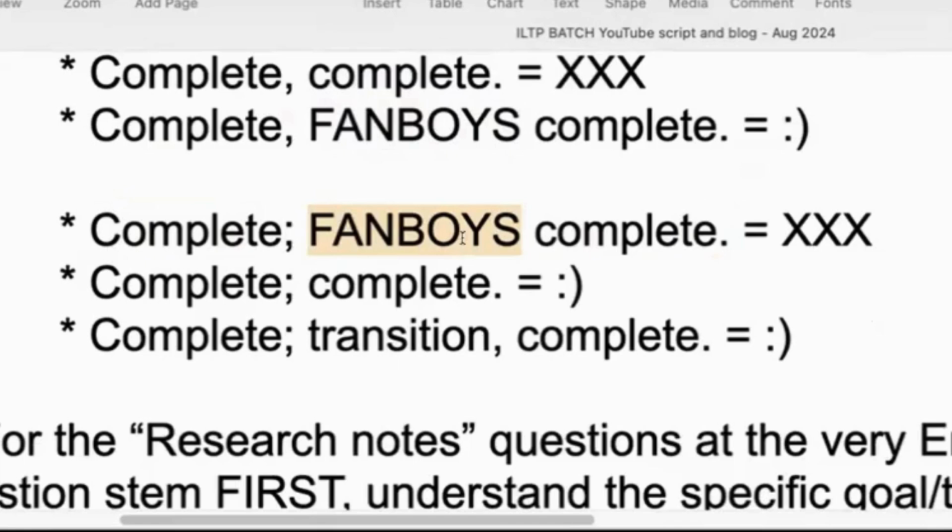And what happens when you do this is, remember, I just said that one of these fanboys will turn this complete into a dependent. And now the semicolon no longer works because we only use a semicolon if you have a complete sentence with another complete sentence.